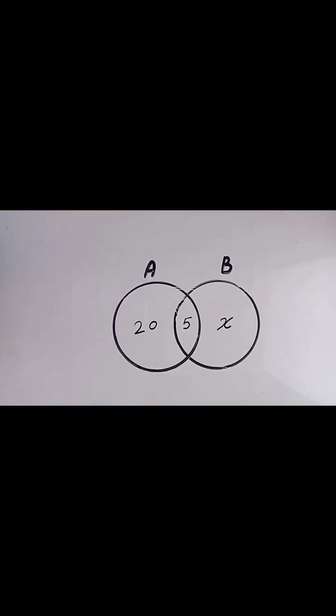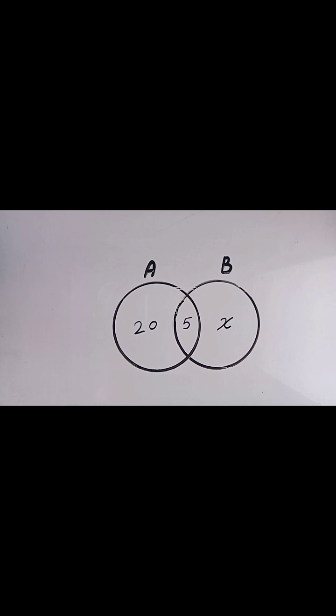Here for the solution of this question 3, we have prepared a Venn diagram where the overlapping area between the sets A and B is representing A intersection B, and the number of members therefore in A intersection B is given 5.